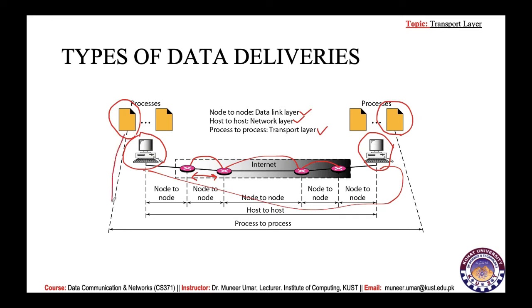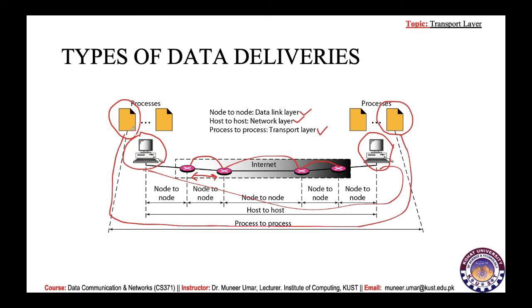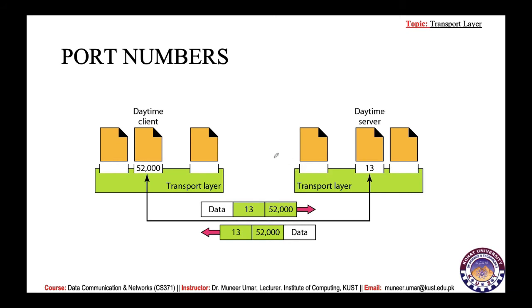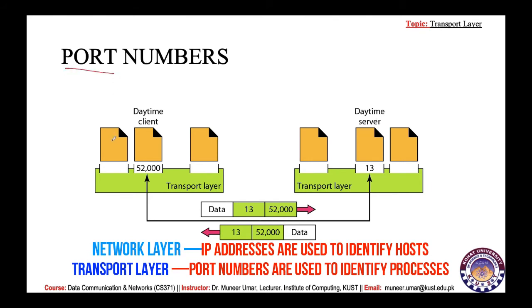The transport layer is responsible for process to process delivery, and it creates packets for this purpose. It should be clear by now that IP addresses and port numbers play different roles in selecting the final destination of data. IP addresses are used for hosts while port numbers are used for processes on these hosts.